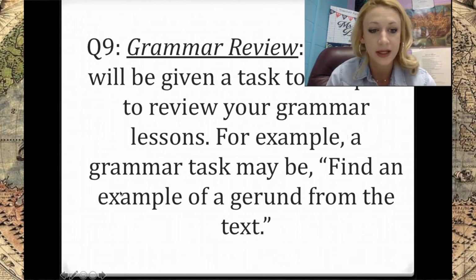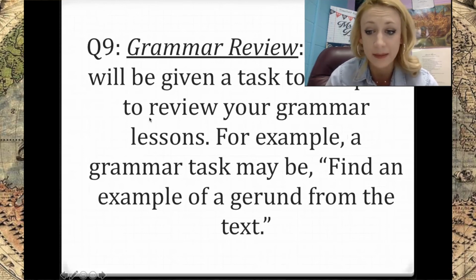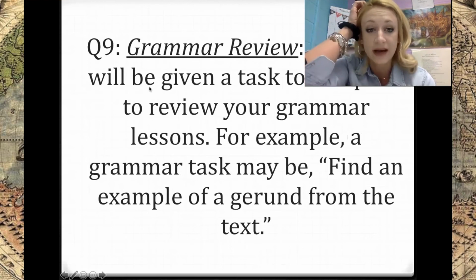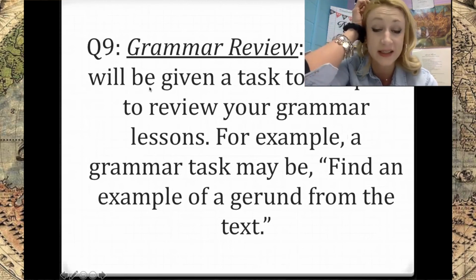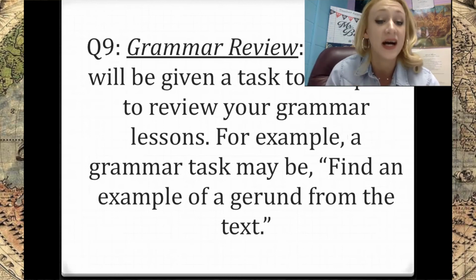And the last one, Q9, this is the grammar review. So here you'll be given a task to complete to review your grammar lessons. For example, a grammar task may be find an example of a gerund from the text. So then you'll have to refresh your memory and say, yes, I know that a gerund is a word that was a verb. It's now functioning as a noun.